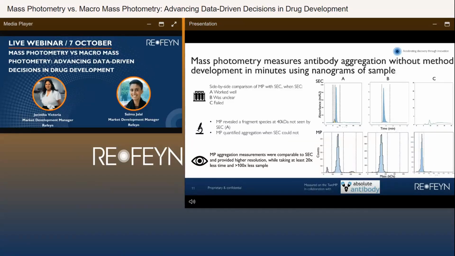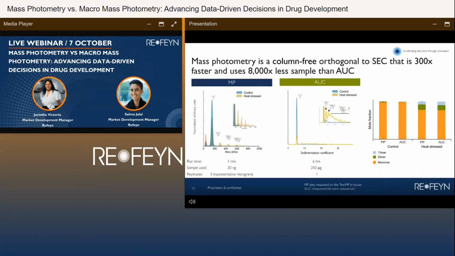And then this is an example where we're considering the use of analytical ultracentrifugation as an orthogonal to SEC. So typically when a candidate moves to later stages of development in preparation for regulatory dossier submissions, a column interaction-free method needs to be used for antibody aggregation assessment.